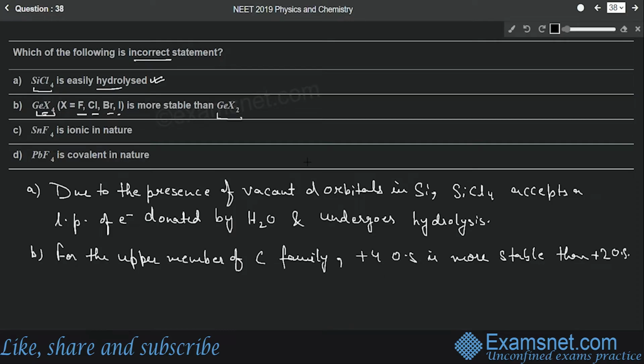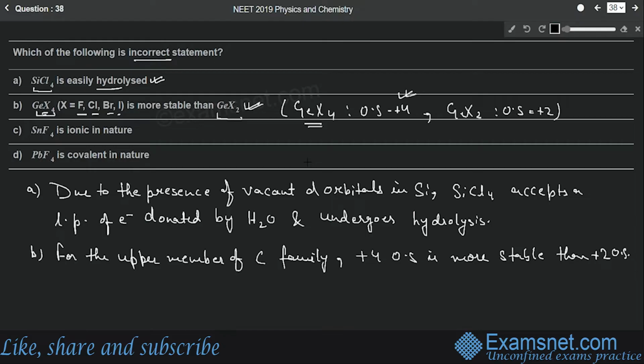So here we can see that in germanium tetrahalide the oxidation state is +4, and in germanium dihalide the oxidation state is +2. So which will be more stable? +4 oxidation state. That means germanium tetrahalide will be more stable. Okay. Therefore, this statement is also correct.